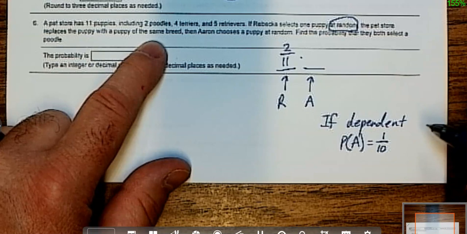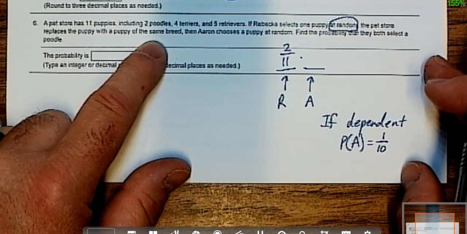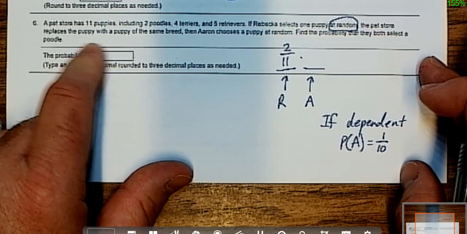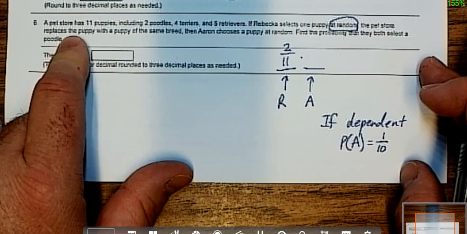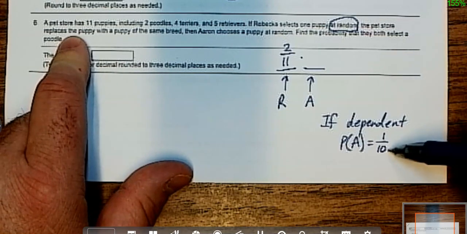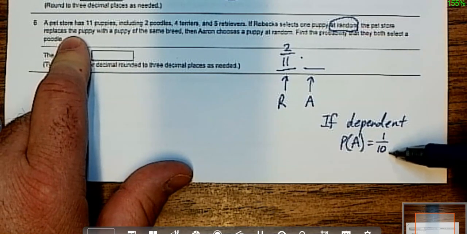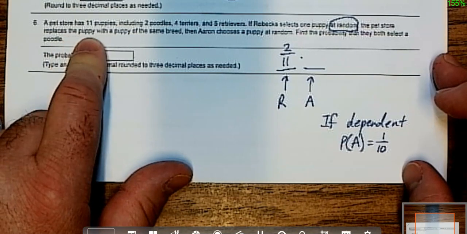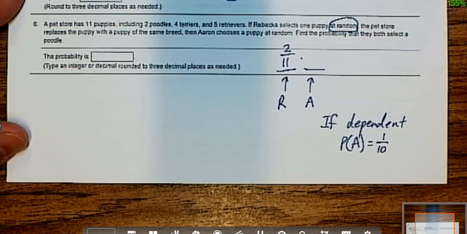No. How do you know that? Well, are there only 10 puppies? Because of the backup puppies. Remember?